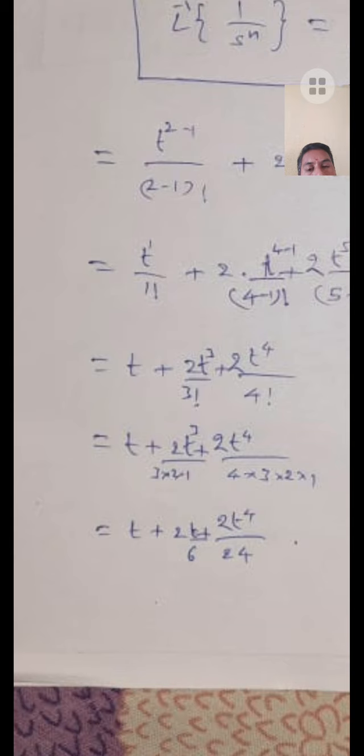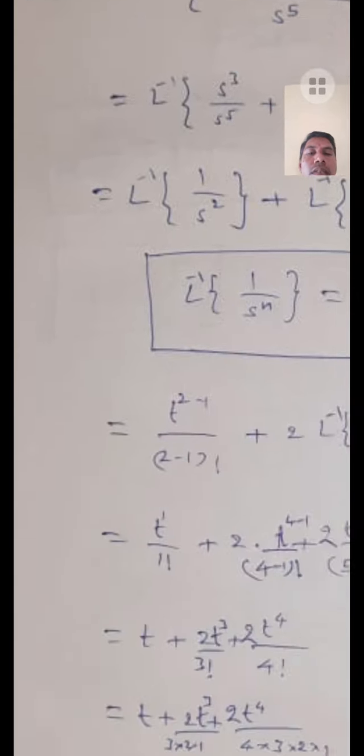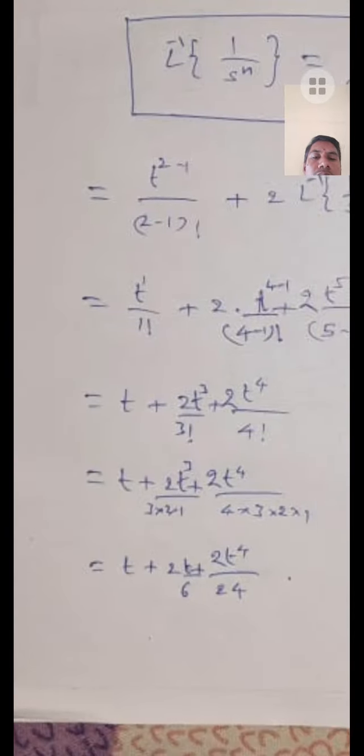Next we simplify, we have t plus 2t by 6 plus 2t power 3 by 6 plus 2 into t power 4 by 24. So here in the last term we have to write t power 3. Here the printing did not come, or unfortunately was not written.